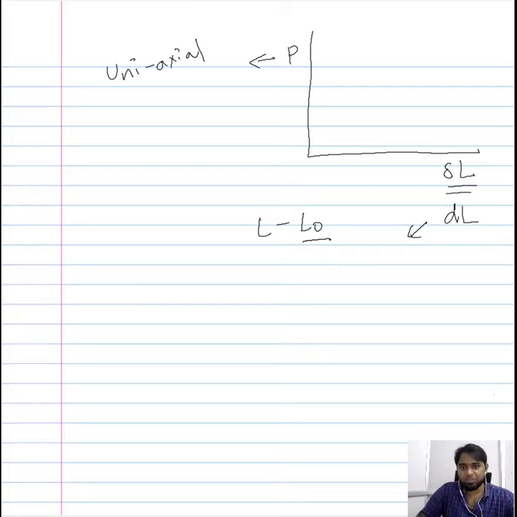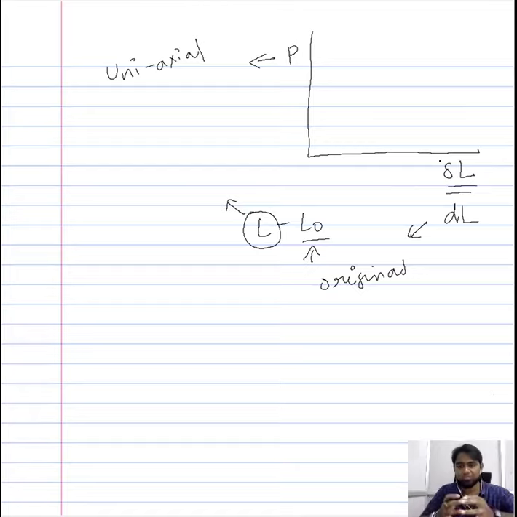L naught is the original length and L is what we see for a given load. We subtract the original length from it and get the amount of deformation, or change in the dimension, exhibited by the material.